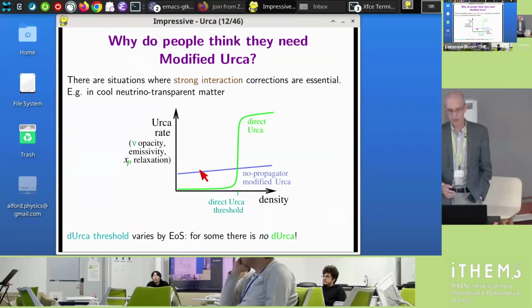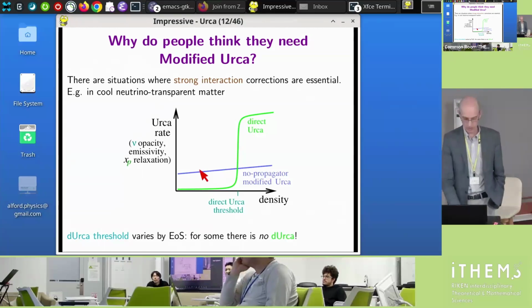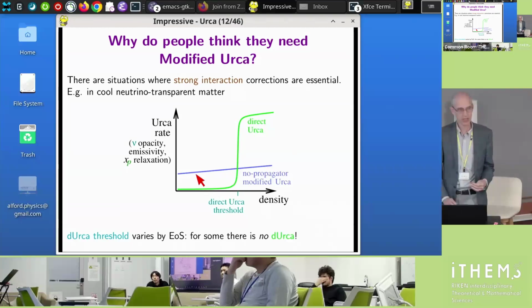So if you have an equation of state with a direct Urca threshold, and you want to calculate those Urca rates for whatever reason at densities below the direct Urca threshold density, you have to do some sort of correction to direct Urca, and the standard one to do is this modified Urca, where you neglect the propagator inside.